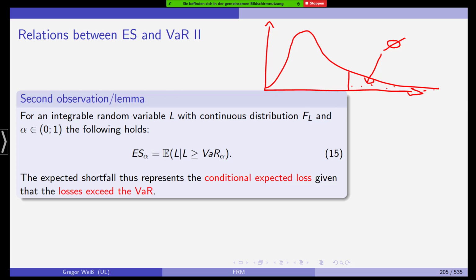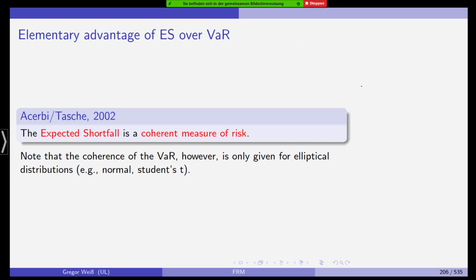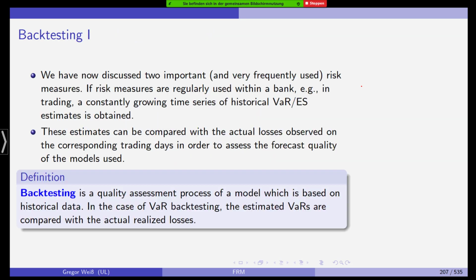And that's clear. Okay, so this is the expected shortfall. Acerbi and Tasche in 2002 in a JBF paper showed that expected shortfall is coherent. So it doesn't depend on the type of distribution, it is always coherent. This is one basic advantage of expected shortfall over value at risk.